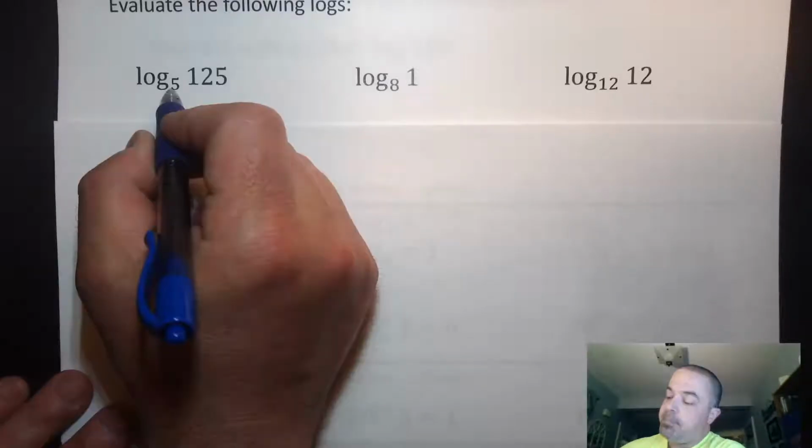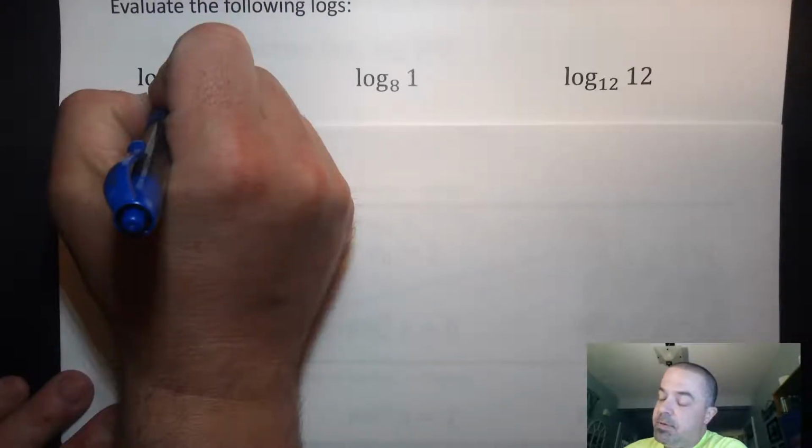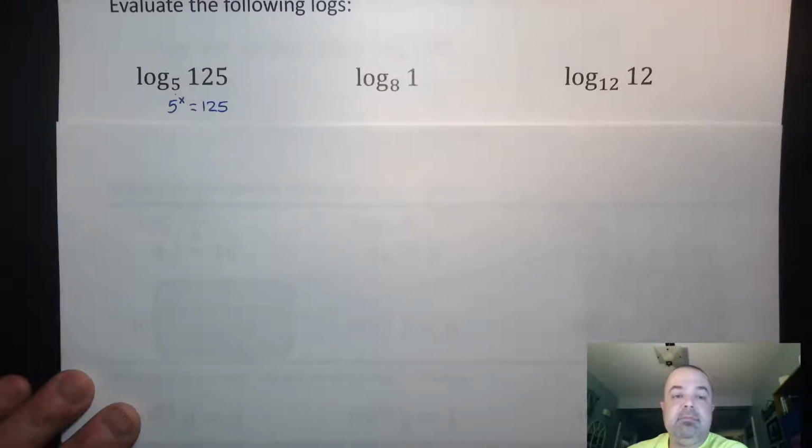But, log base 5 of 125: what exponent of 5 is equal to 125? Well, let's see. 5 squared is 25, and times 5 is 125, right? So that means the answer here is 3.